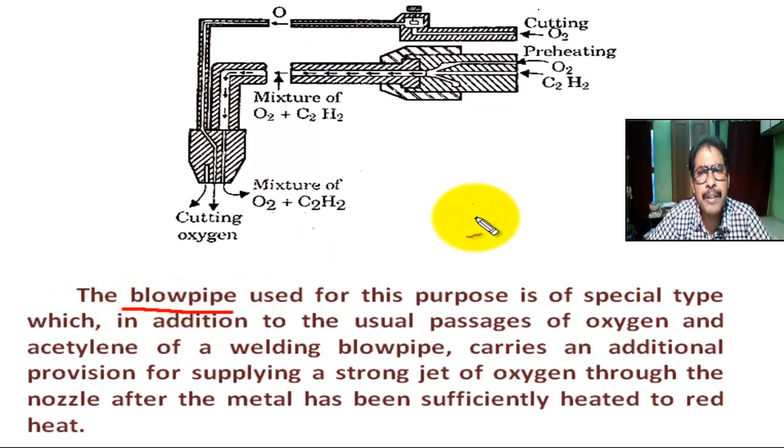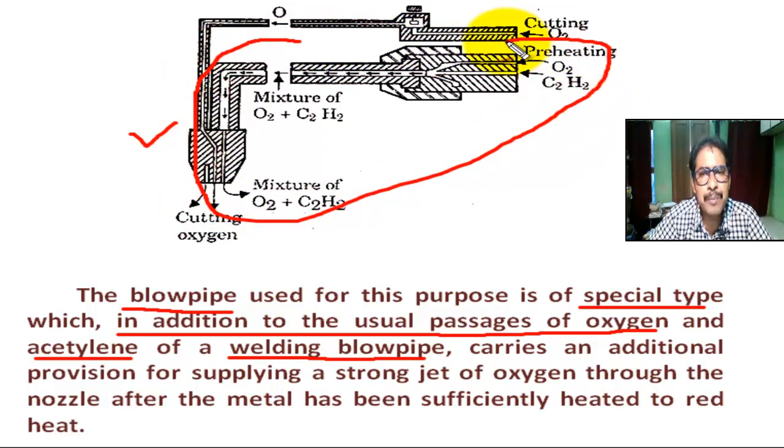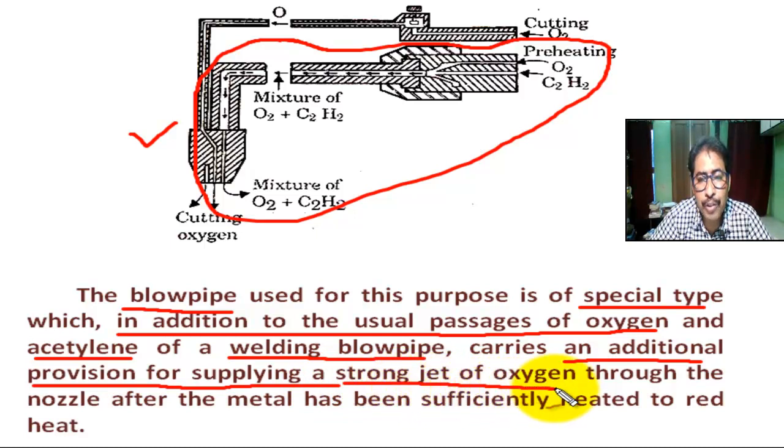The blowpipe used for this purpose is of a special type, which in addition to the usual passage of oxygen and acetylene of a welding blowpipe, carries an additional provision for supplying a strong jet of oxygen.